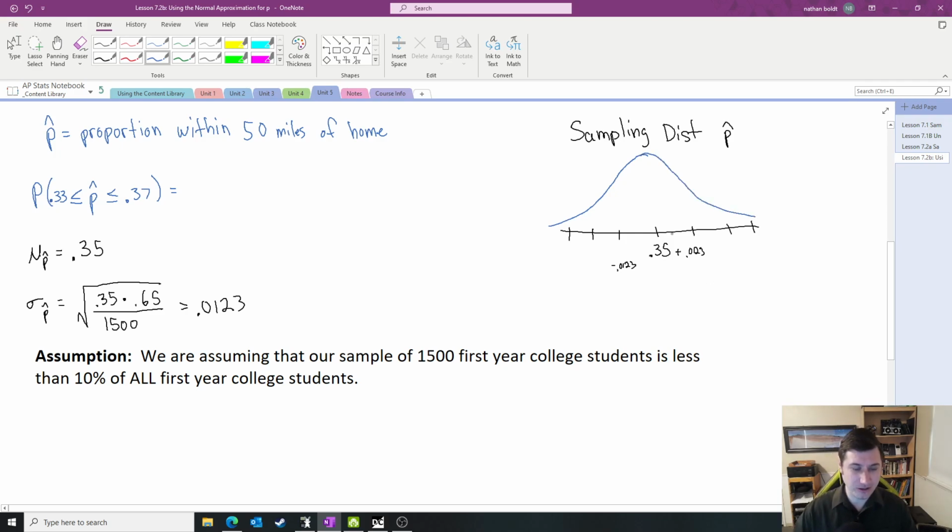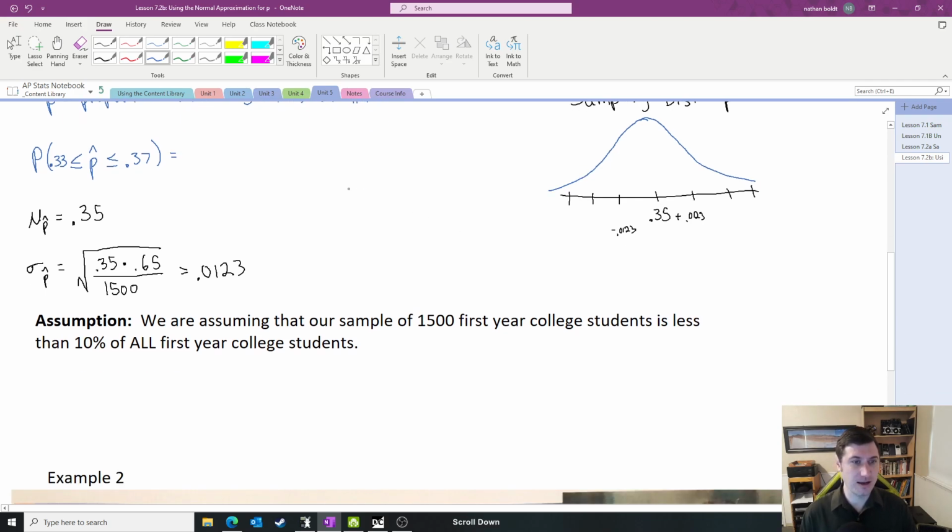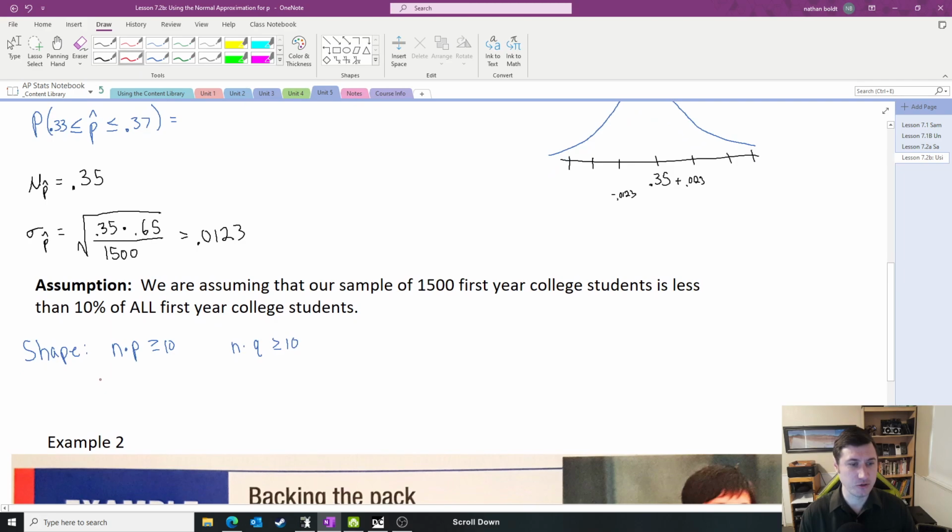So this is the large numbers condition. The shape will be normal if n times p is greater than or equal to 10 and n times q is greater than or equal to 10. So we just have to quickly do that math. My n is huge, 1,500 is my sample size, times p, which is 0.35, and then 1,500 times q, which is 0.65.